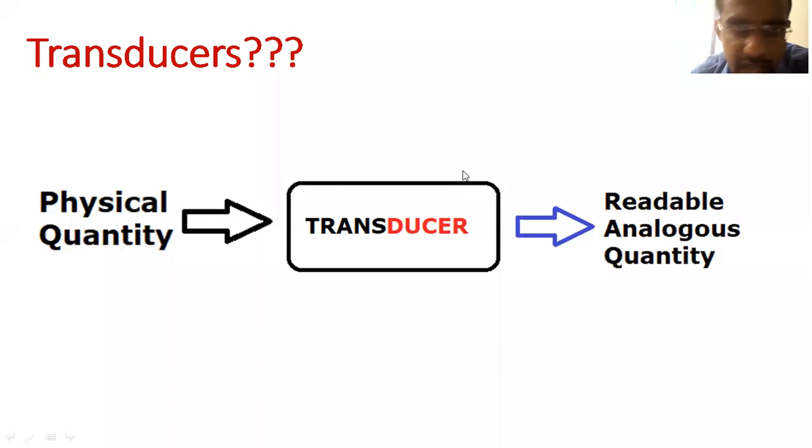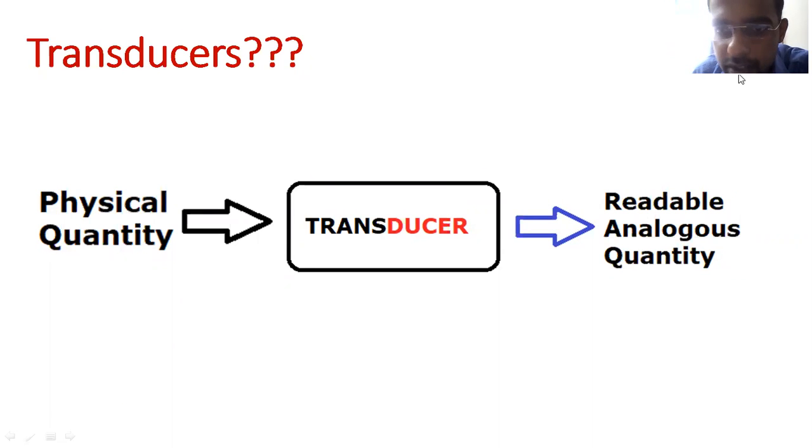So transfer means putting something from one place to some place. Now a transducer is a device that will convert one physical quantity into another physical quantity.